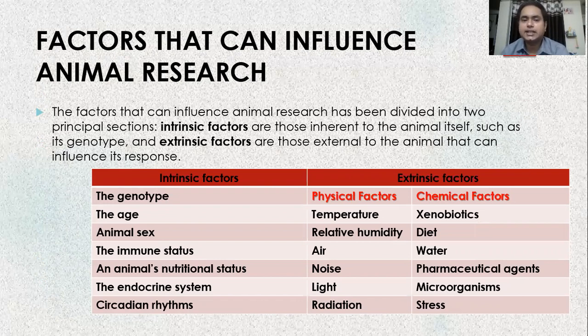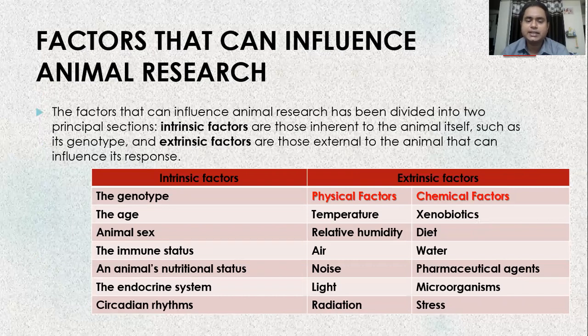The factors that influence animal research are divided into two principal sections: intrinsic factors are those inherent to the animal itself, such as its genotype and age, and extrinsic factors are those external to the animal that can influence its response. The intrinsic and extrinsic factors are tabulated and represented in this table.